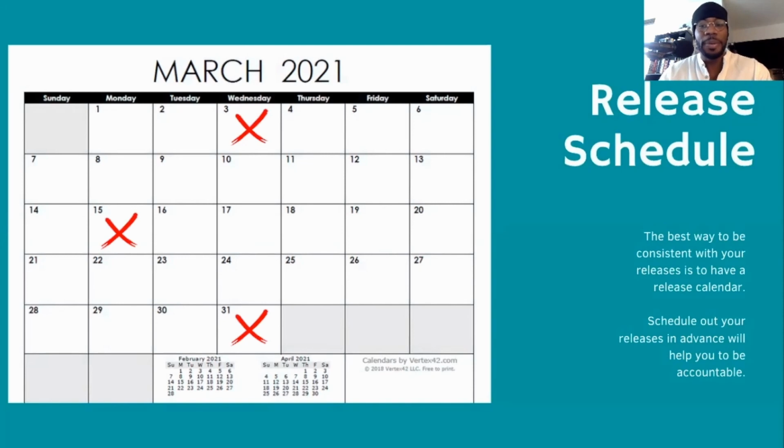You won't keep accountable and you won't try to hit that deadline. This is why it's important and why we went over in the beginning. It's always good to be specific and create a due date for all your tasks. If you have dates, the chances of you hitting it increases. So if you know exactly when you're going to be releasing music, you're going to hit that date a lot higher than if you did not have a schedule.